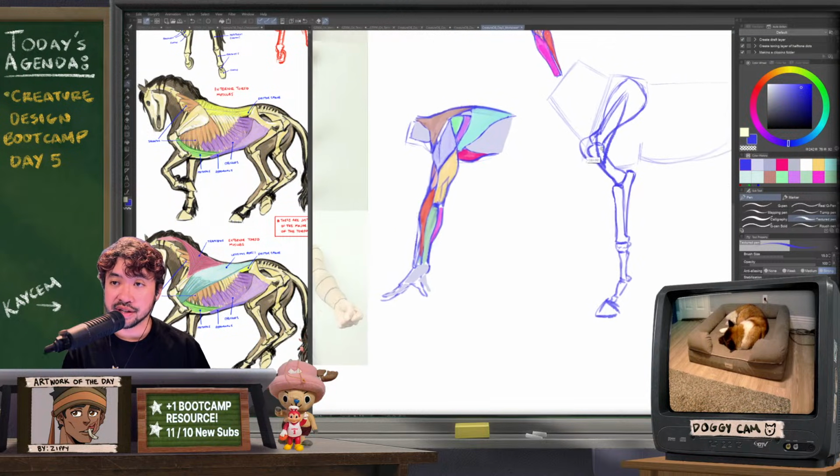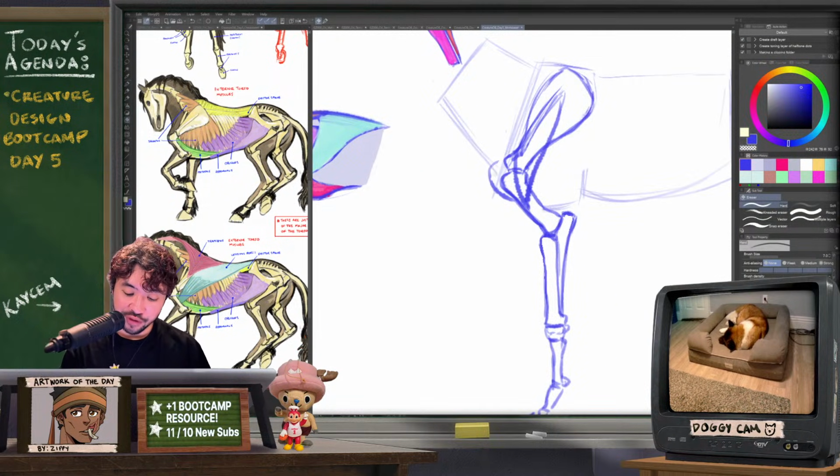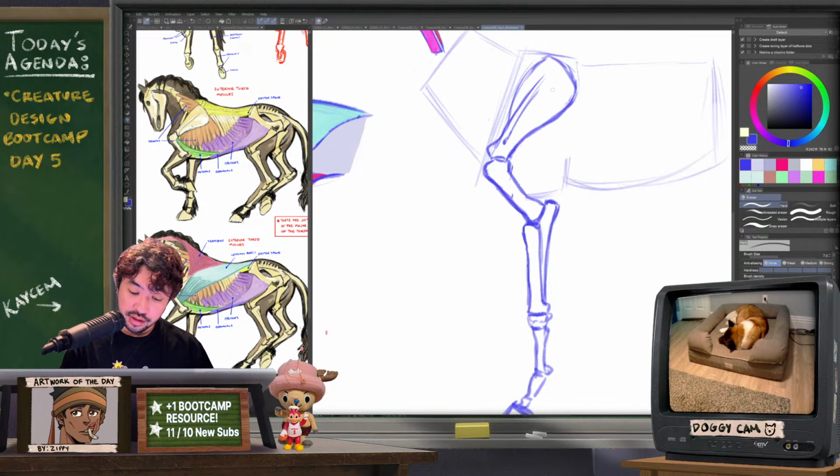Because that's kind of how it looks in the human. And if you thought that, chat, you are absolutely wrong. Goofy assumption, which, by the way, I also made. Matter of fact, horses are weird, okay? I'll say it right now. If you're a horse fan, sorry, your creature is kind of weird.